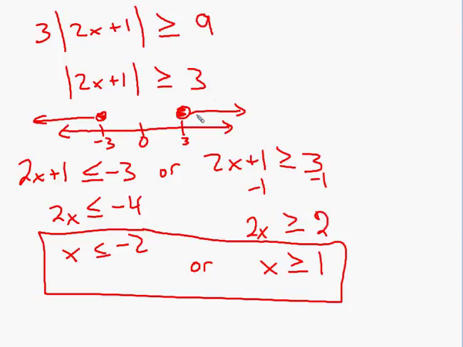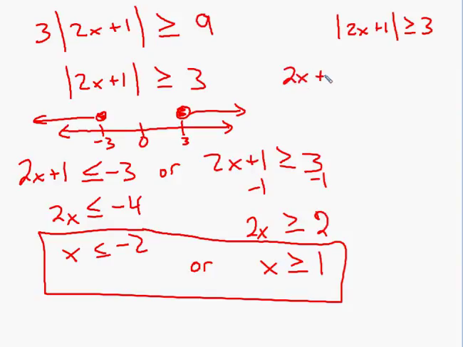Now, without sketching this, here's another explanation, another way to think of it, if this helps you. Remember, when we multiply or divide by a negative, what do we do with this symbol? We switch it. So let's start at this step, and let's do it without the graph, just so that you can see what's happening. So, I need to switch it to 2 values, right? A negative 3 or a positive 3.